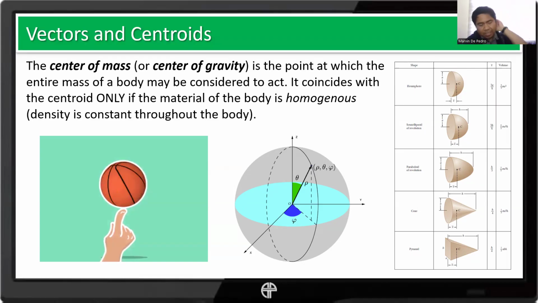In case you don't know the term homogeneous, like what we have in chemistry, a homogeneous mixture, just imagine a fruit salad. A fruit salad can only be considered homogeneous if in each scoop that you get, you get the exact proportion of the different ingredients.